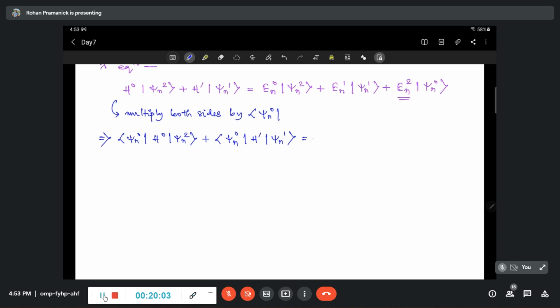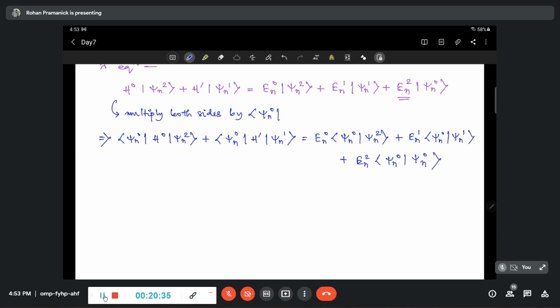So this En0 is a constant, and it becomes En0 times the inner product of psi n 0 with psi n 2, plus En1 times the inner product of psi n 0 with psi n 1, plus En2 times the inner product of psi n 0 with psi n 0.